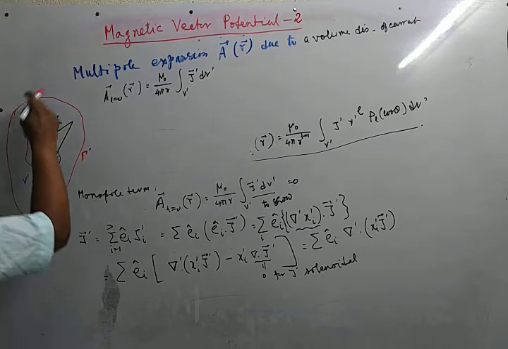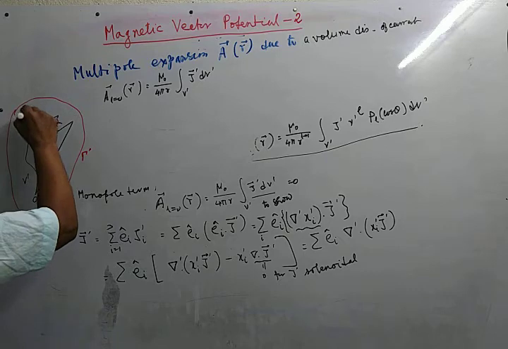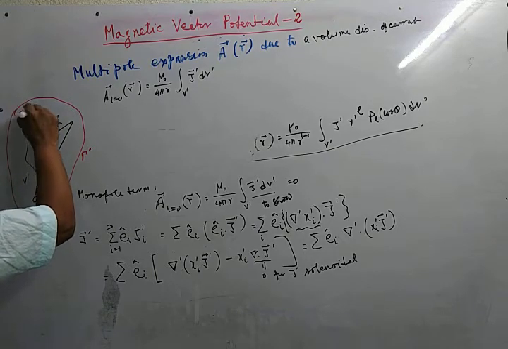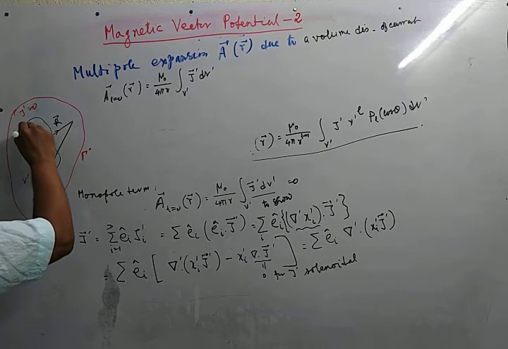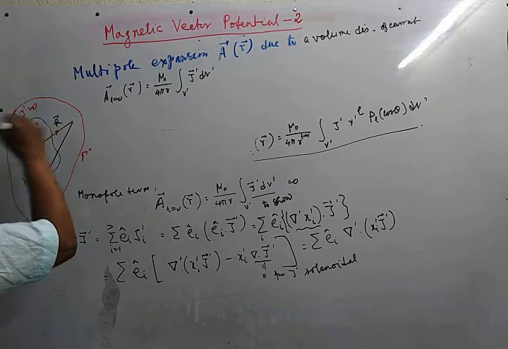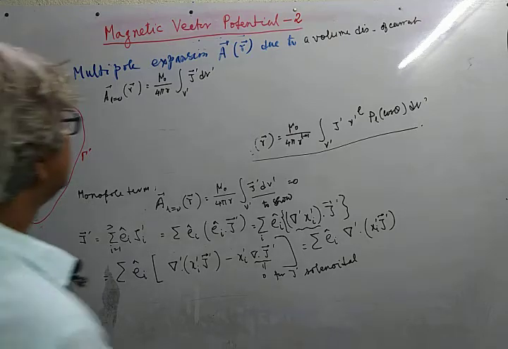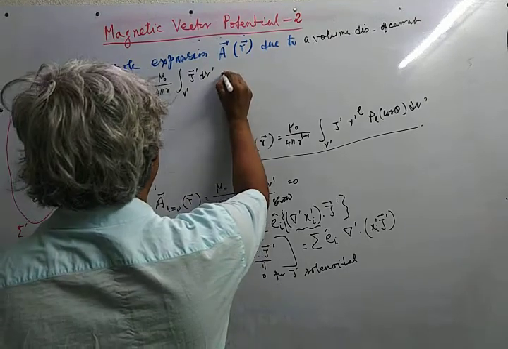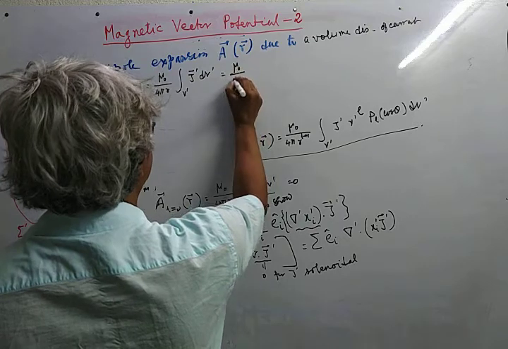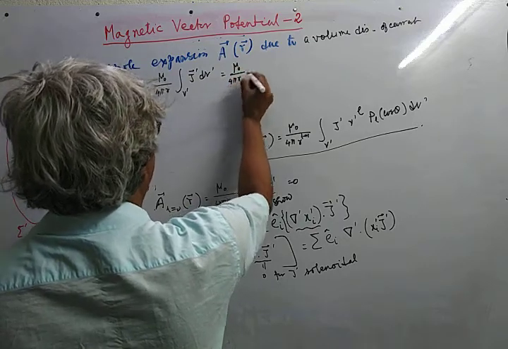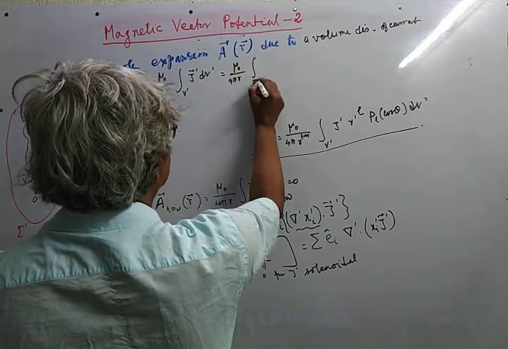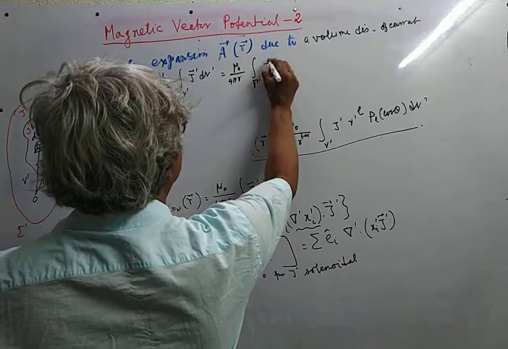In this region, the extra added part, the current density is 0, and current density is in general non-zero within the volume. So we have added an extra part without any loss of generality. So we write it as mu 0 upon 4 pi R, integration over tau prime.